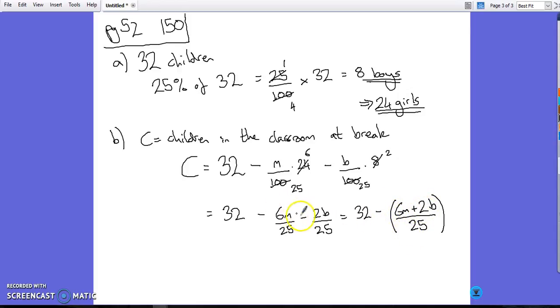So you just need to be careful here when taking out the minus symbol. And this then is my final answer. And of course I could multiply 32 by 25 and bring this into the whole fraction as well if I wanted to, but I don't think that's necessary here.